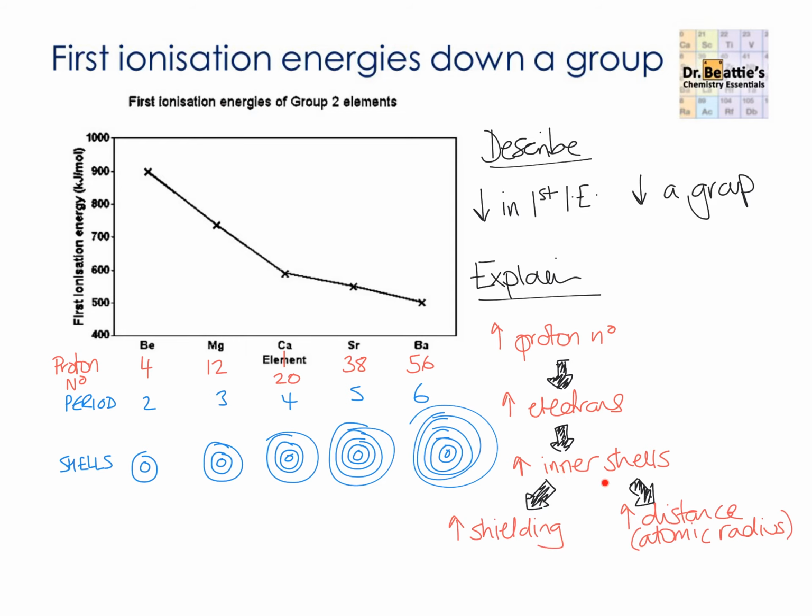And it's these two factors that feed into each other that means that the energy required to remove that outer electron decreases, and here with these group 2 elements we're just showing the two outermost electrons, as the nuclear attraction between the nucleus and that outermost electron decreases.